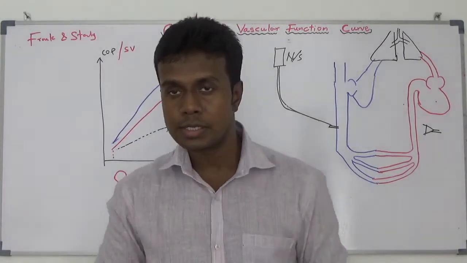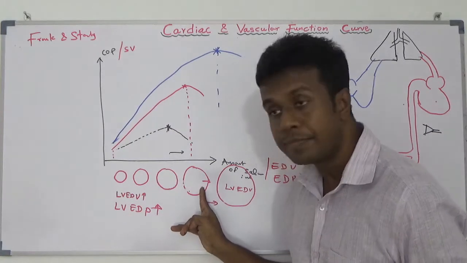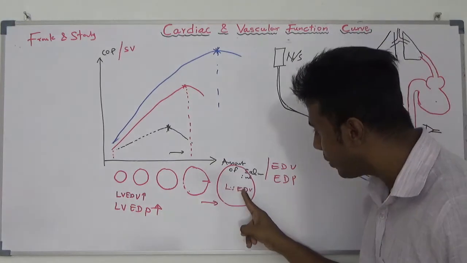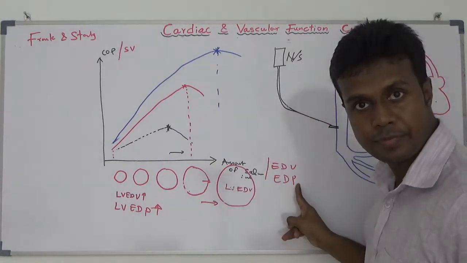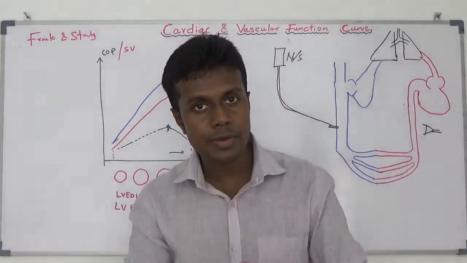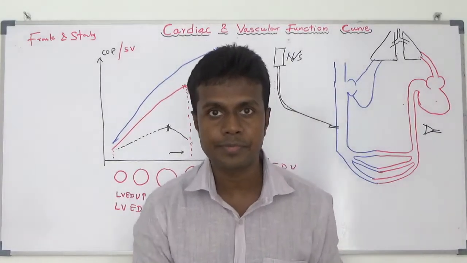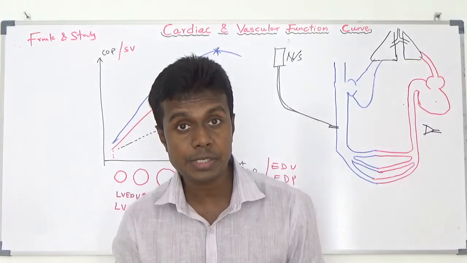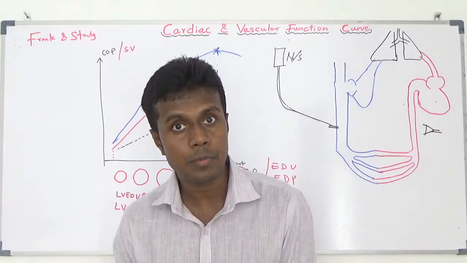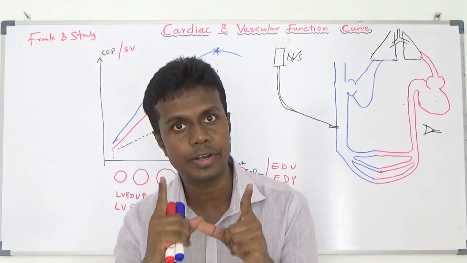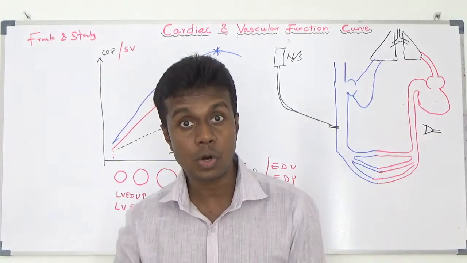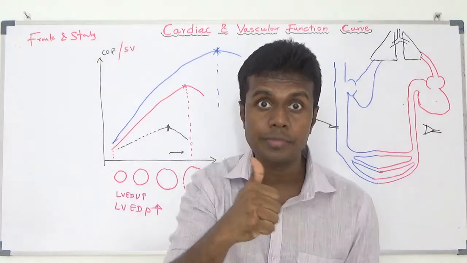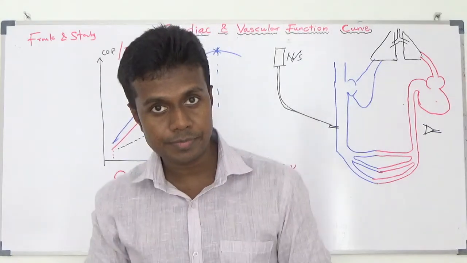His heart is going to fail from here to here. My heart is going to fail from here to here. My younger brother's heart is going to fail from here to here. So each individual heart behaves in a separate manner. You have to identify at which point this patient's heart is going to fail. This curve is called the Frank-Starling curve. The law behind that is called the Frank-Starling law.